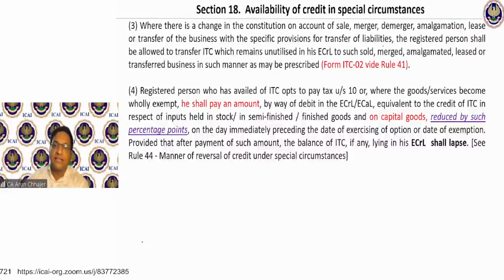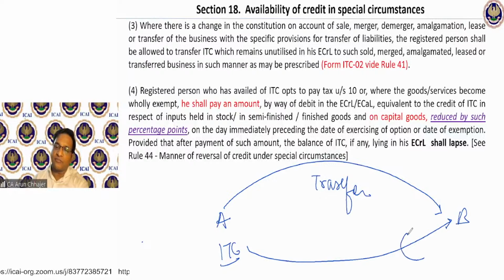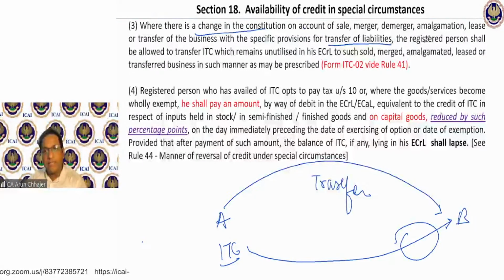Then 18 subsection 3 says that if you have transferred the business, transfer, merger, amalgamation, etc., A has transferred the business to B. Then whatever the ITC is there, it will be transferred through certain forms to B. Subsection 3 says that if there is a change in the constitution on account of the sale, merger, demerger, amalgamation, lease, transfer, with transfer of liability, a registered person shall be allowed to transfer the ITC which remains unutilized in his credit ledger.